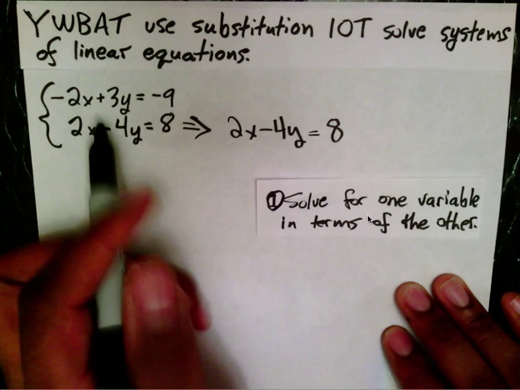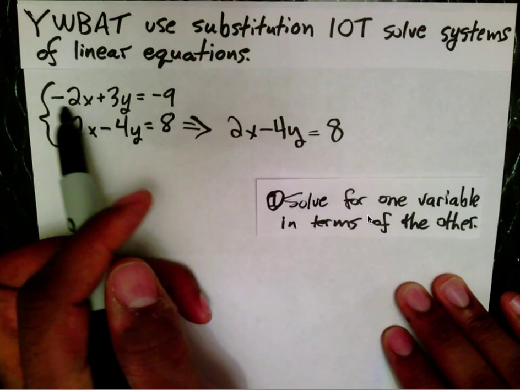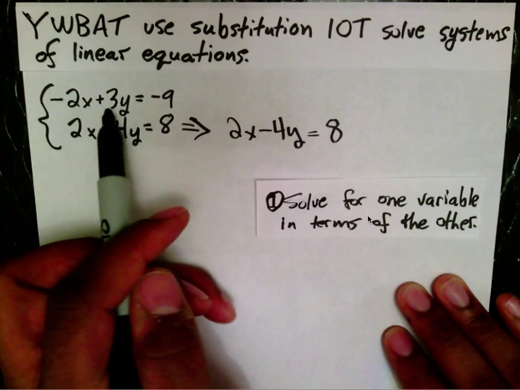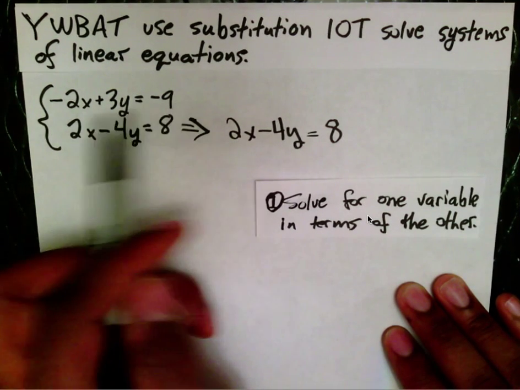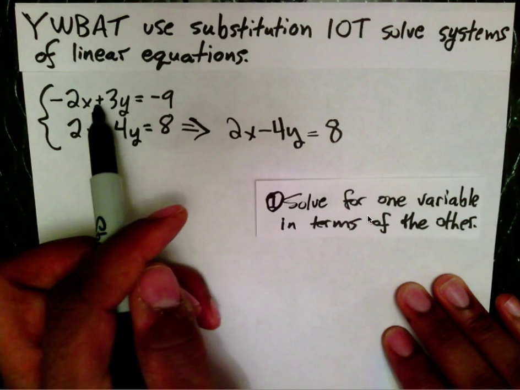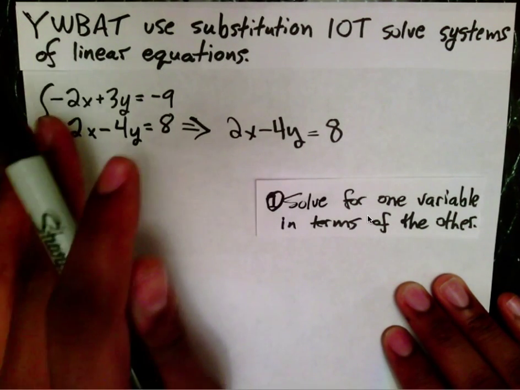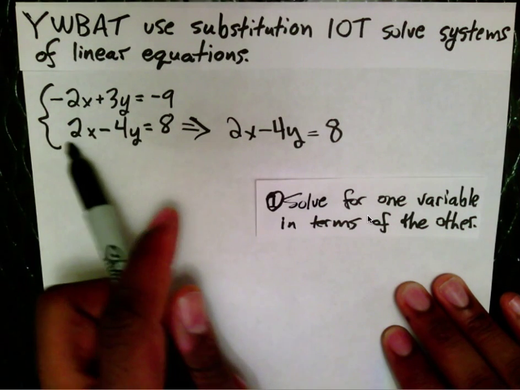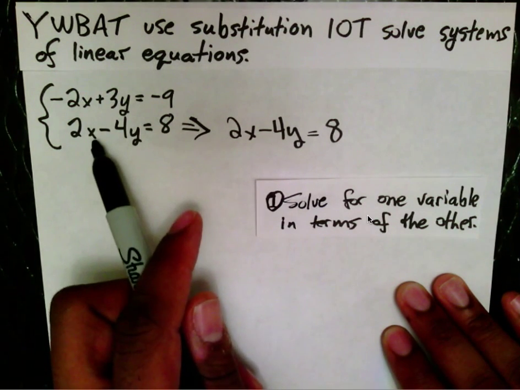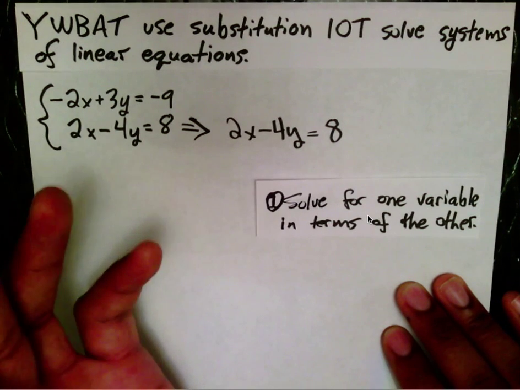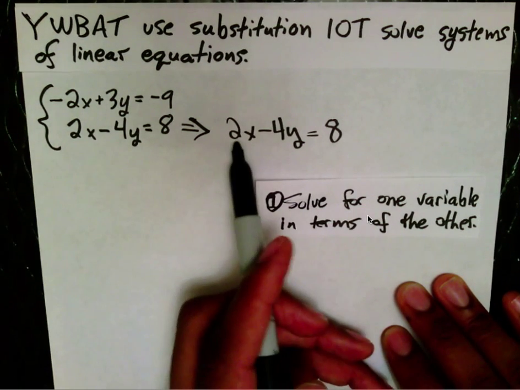Because if I want to get x by itself in the top equation, I'm going to have a fraction, because I'm going to have to divide everything by 2. If I divide everything by 3 up here, that's also going to give me a fraction. Fractions are hard. Let's not even go there. Let's work with this bottom equation, because if I divide everything by 2, then I won't have any fractions.